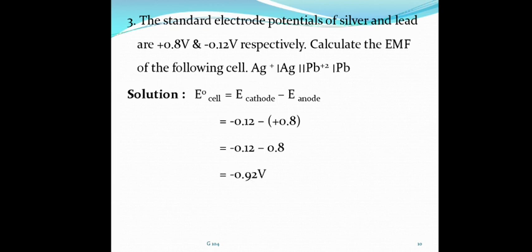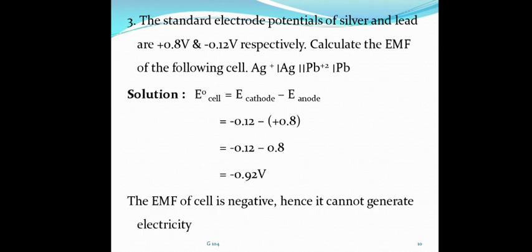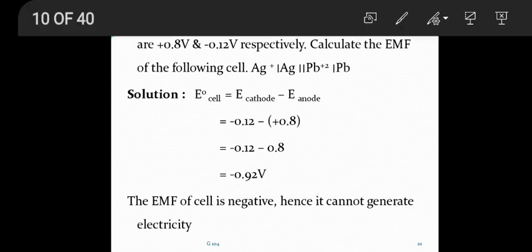If silver is anode and lead is cathode, can it give electricity? No. The EMF of the cell is negative. It cannot generate electricity. Why is it so? Because if Pb is the anode and Ag is the cathode, it produces electricity, and it becomes 0.92. But if Ag+ is taken as anode and Pb2+ as cathode, the EMF comes out negative, hence it cannot generate electricity.